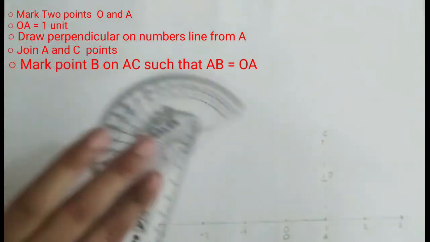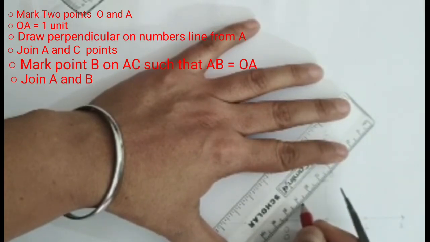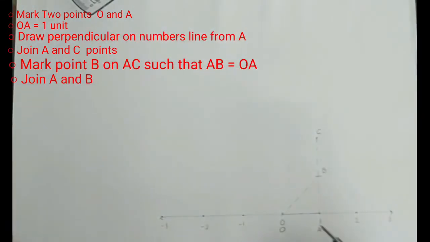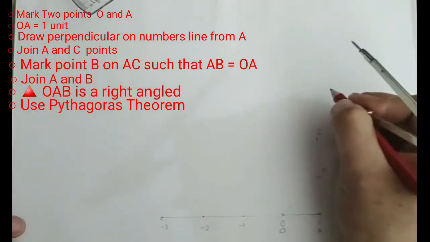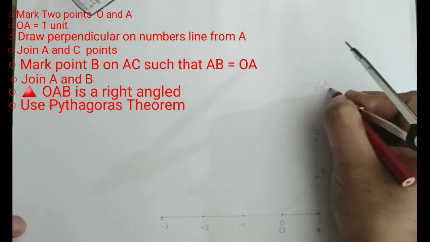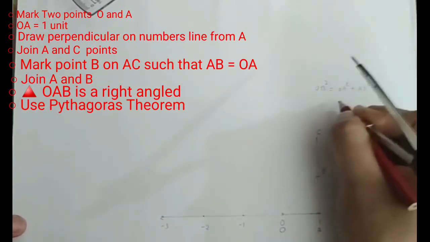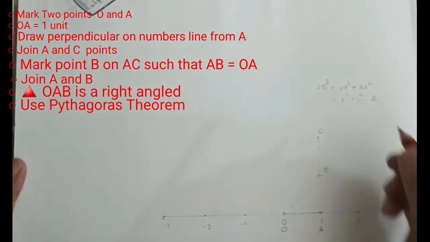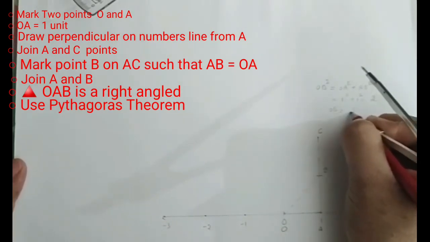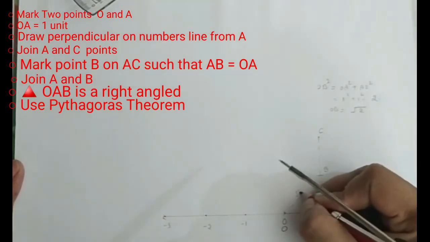Now join O with B. See, this OAB is a right angle triangle, such that OB square is equal to OA square plus AB square. We know OA is 1 unit and AB is also 1, so this is equal to 2. So this OB is equal to square root of 2.